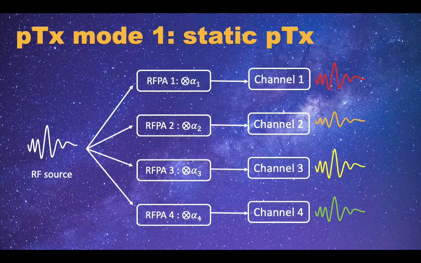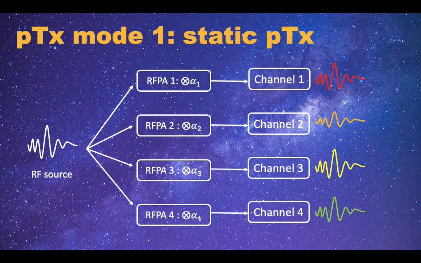If we feed the same RF waveform to all the RFPAs, we can apply a channel-specific complex weight at each RFPA, which are alpha 1, alpha 2, alpha 3, and alpha 4 here. Therefore, the final waveform of each channel will be the multiplication of the RF source and the channel-specific complex weight, and we can adjust the relative amplitude and phase of the RF waveforms by adjusting the complex weight.